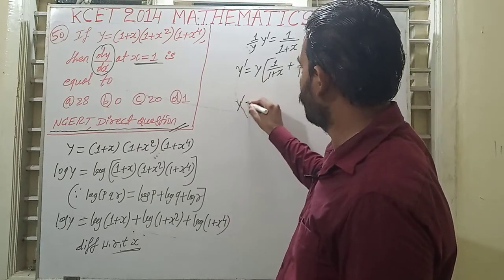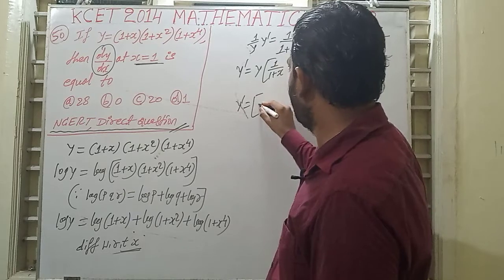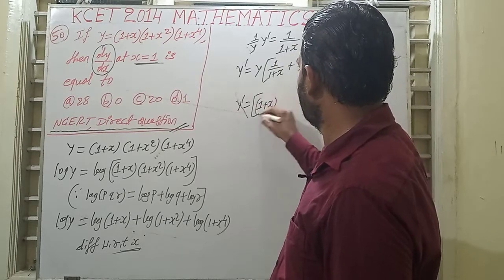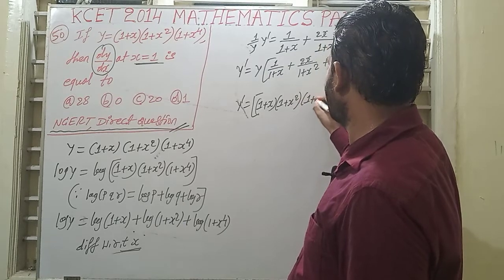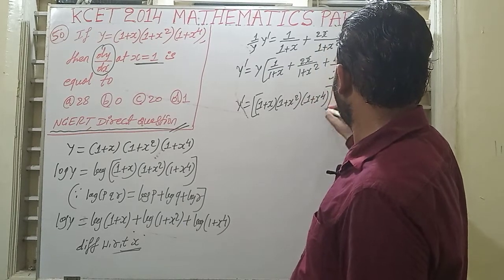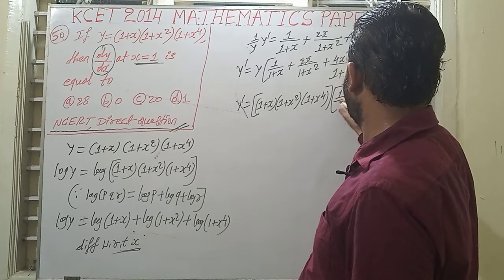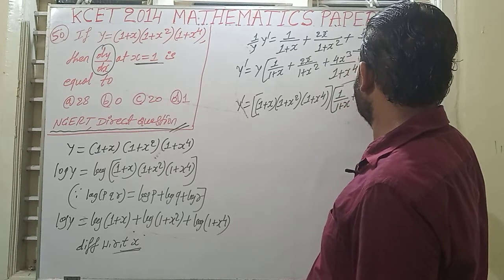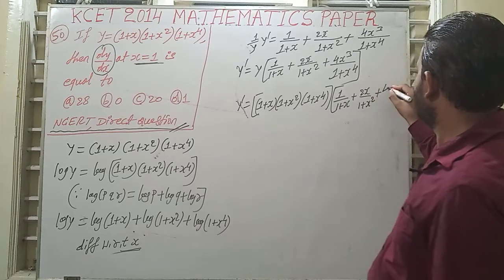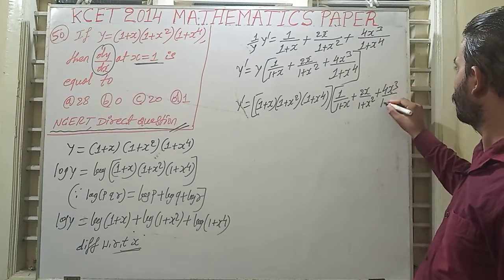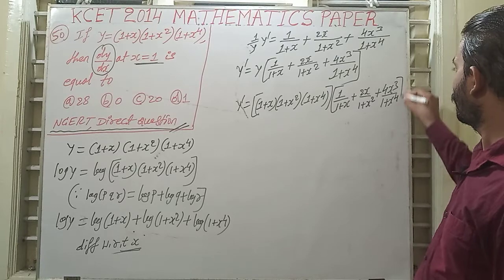Y dash is equal to (1 plus x)(1 plus x square)(1 plus x to the power of 4) into [1 divided by (1 plus x) plus 2x divided by (1 plus x square) plus 4x cube divided by (1 plus x to the power of 4)].